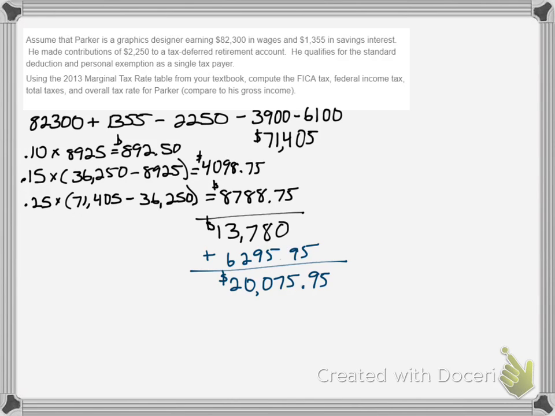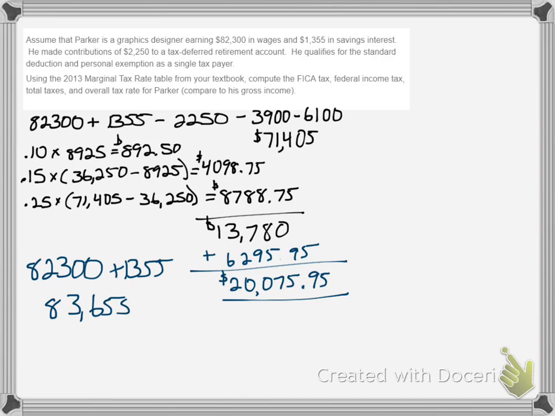And then the last question asks for the overall tax rate. For the overall tax rate, we're going to use the total tax that he paid and divide that by his total income, which was the savings interest and his wages. 82,300 plus 1355 is 83,655.